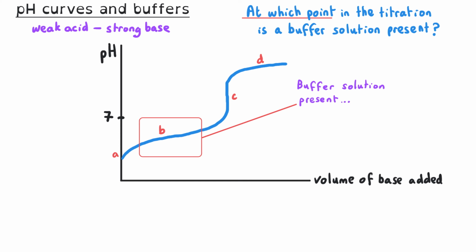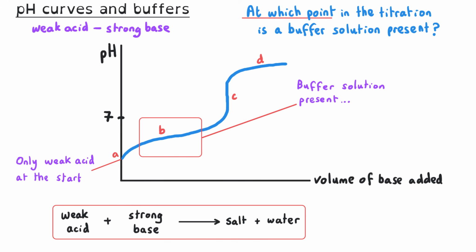Well, first of all, if we explore the beginning of the reaction, there is only weak acid present at the start, so there is a low pH, but there is no buffer solution present. But as the reaction proceeds, the weak acid reacts with the strong base to produce a salt and water.